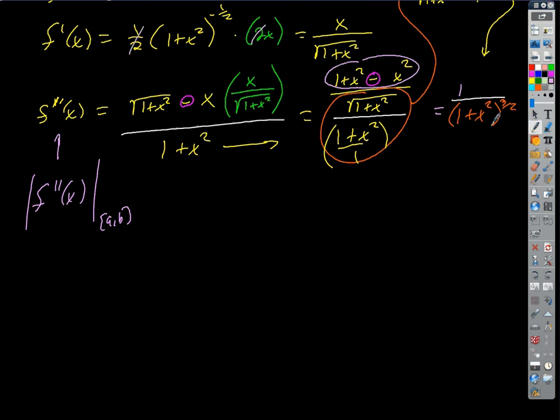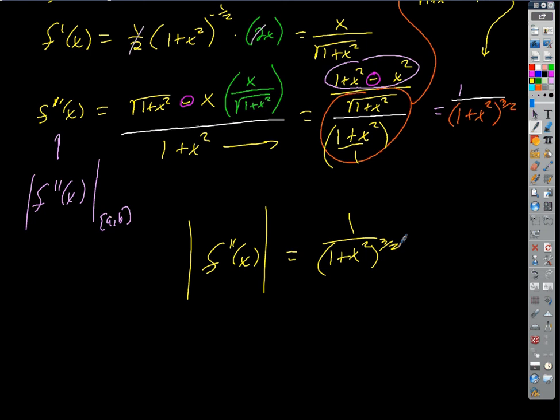So let's look at the behavior of this. We know that the absolute value of the second derivative equals 1 over (1 plus x squared) to the 3/2. Now, where is the fraction going to be maximum on the interval where x goes from 0 to 1? Just think about the behavior of a fraction with a constant numerator.